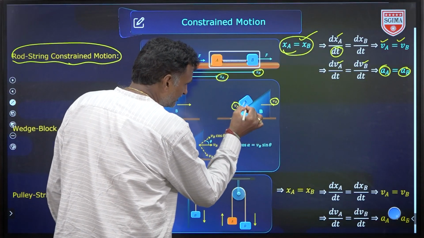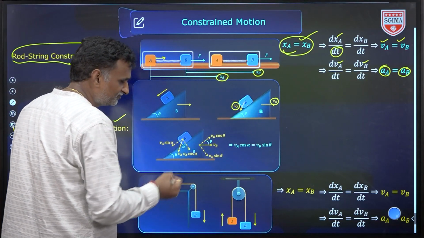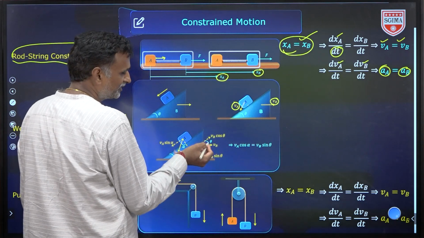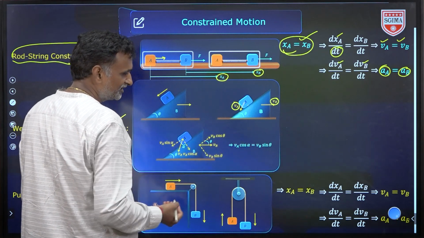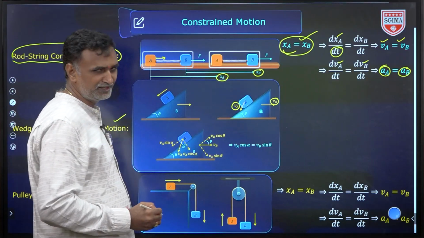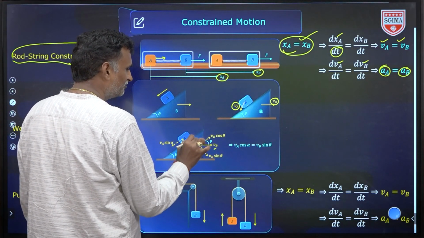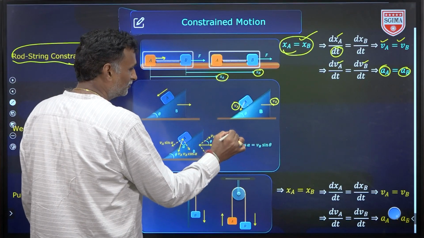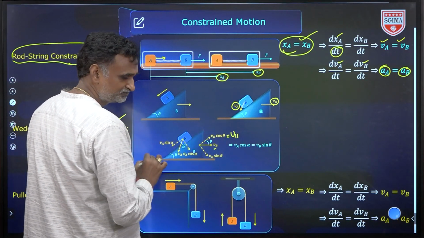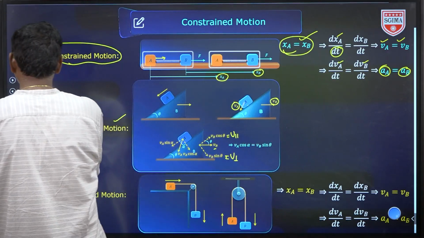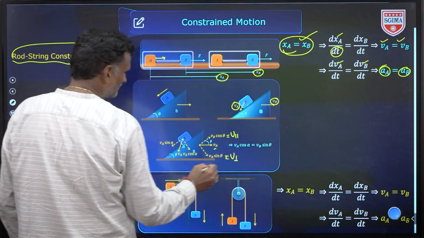To maintain this contact, let us see. First of all, we need to take the components. Vb is to the right side. Here theta was taken to give clarity, but actually we can take alpha only, no problem. Vb has a component parallel to the wedge, and a perpendicular component, which we have written here.